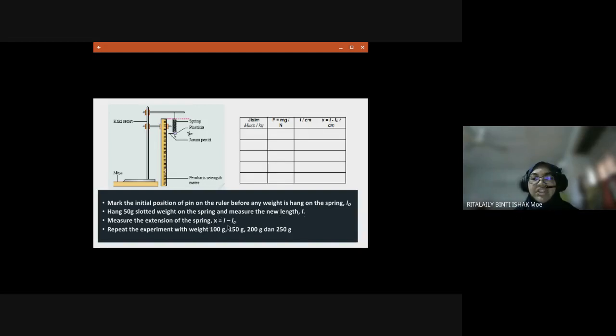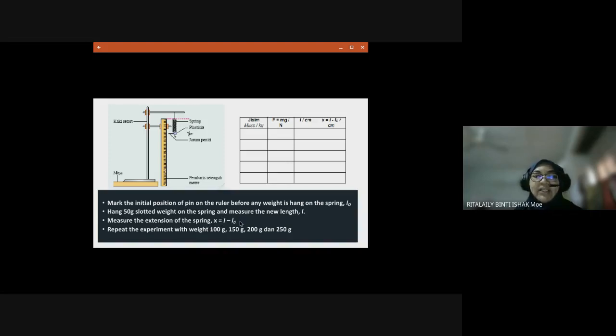Because this is not you doing the experiment, now you are writing how the experiment is being done. So you need to explain step by step. The extension of the spring is L minus L naught.